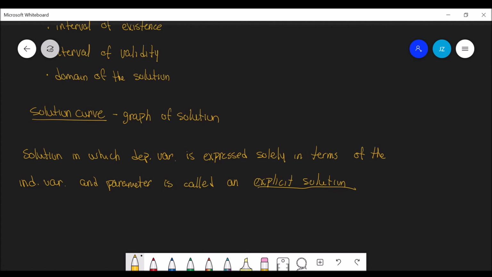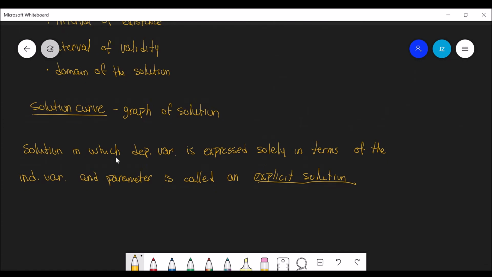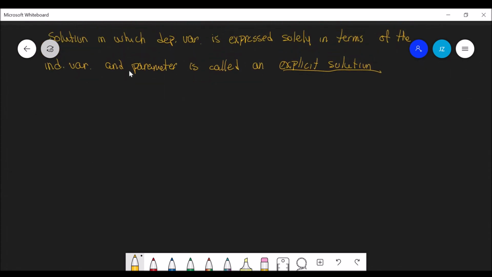Obviously then, this leaves implicit solutions.